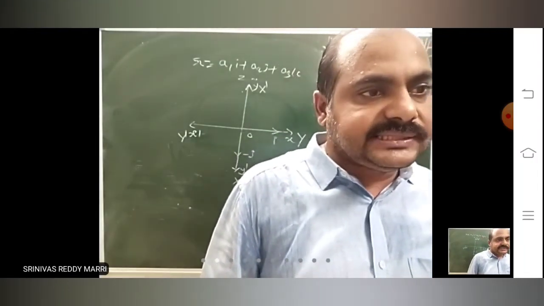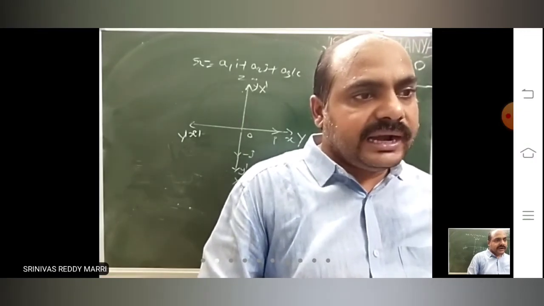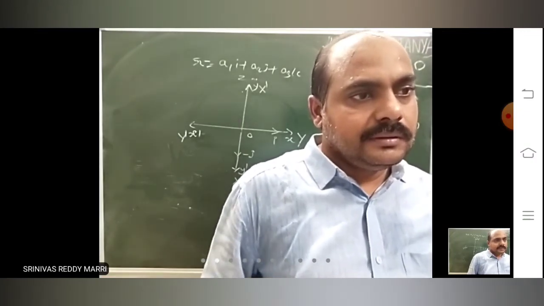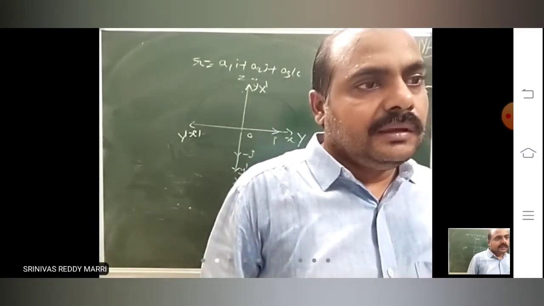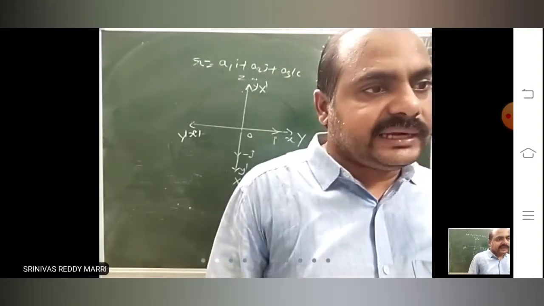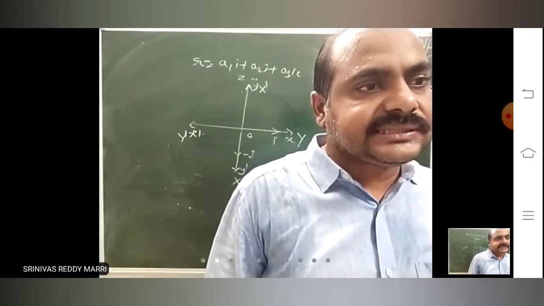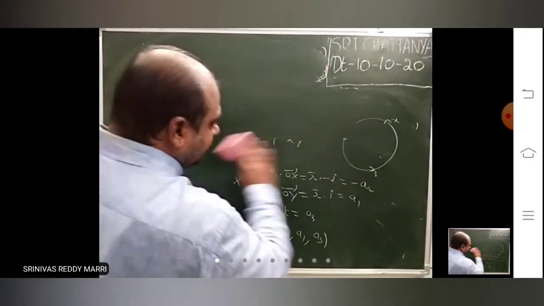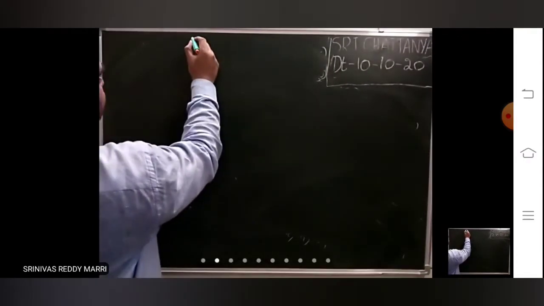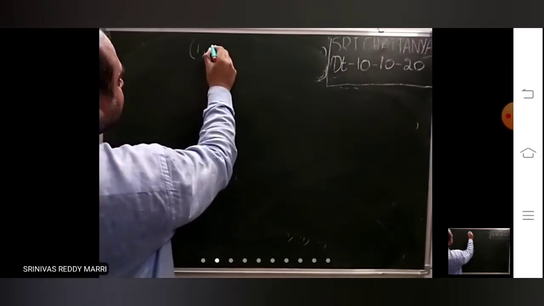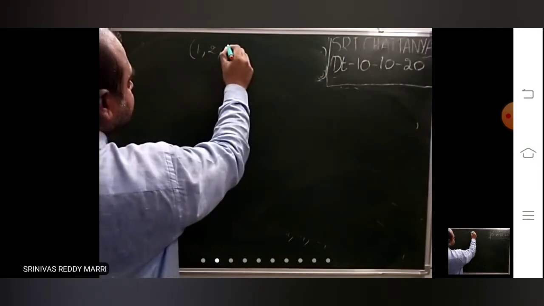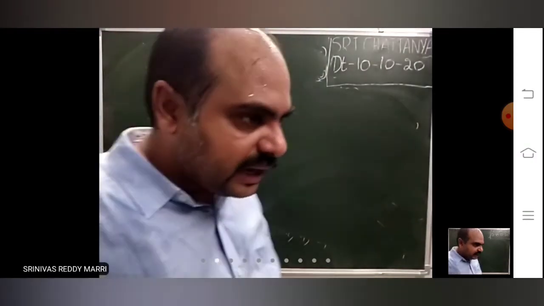In Cartesian coordinate system OXYZ, a vector R bar has components 1 comma 2 comma 3.